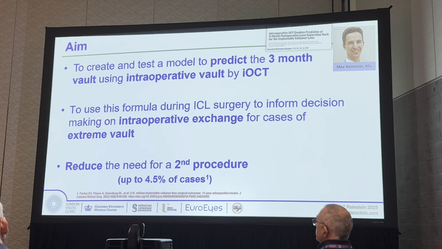So yeah, intraoperative OCT to predict the postoperative vault. We set out to create a model that could predict the 3-month postoperative vault using intraoperative OCT and an intraoperative vault. A surgeon would then be able to use this information to help inform whether a case of intraoperative extreme vaulting would require an exchange or not, or if it would reduce postoperatively to a safe value.